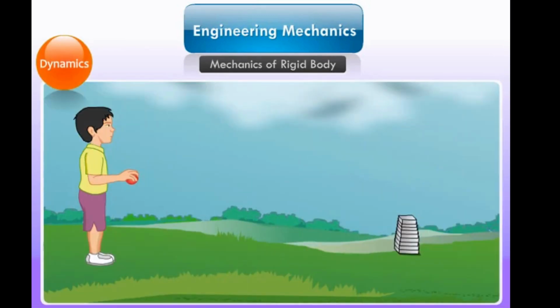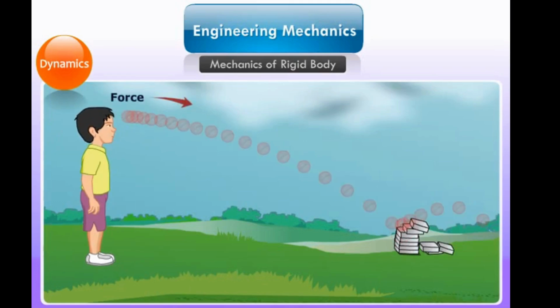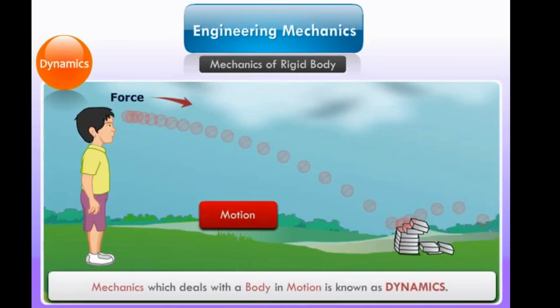Now, to hit the stones, we need to throw the ball. When we throw the ball, then the ball is said to be in motion. The mechanics which deals with the bodies in motion is known as dynamics.